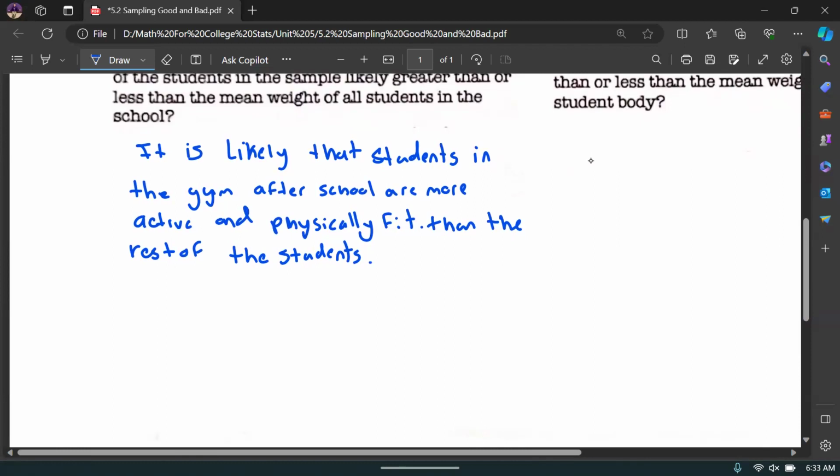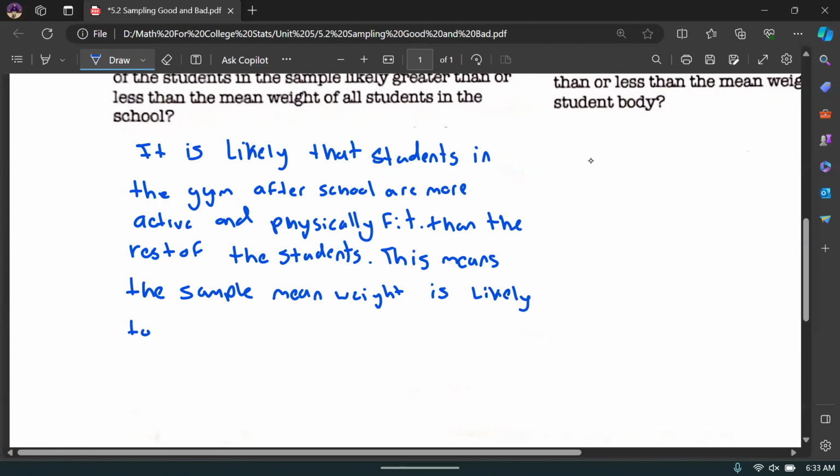So this means the sample mean weight is likely, what do you think? Are we going to overestimate or underestimate the mean weight, right?